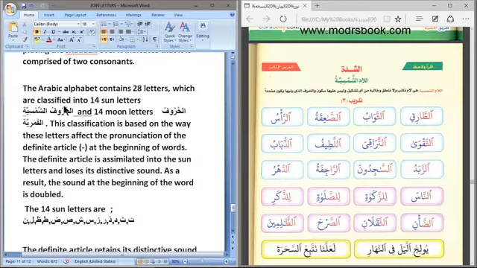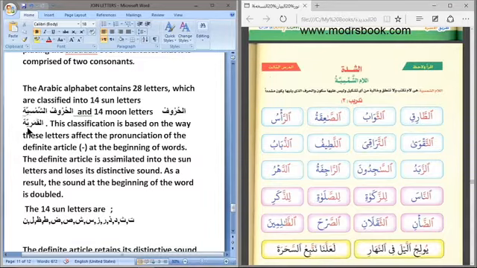We'll explain what the sun letters and the moon letters are. The 14 sun letters are called al-huruf al-shamsiyatu, while the 14 moon letters are called al-huruf al-qamariyatu. And there are ways to identify them.